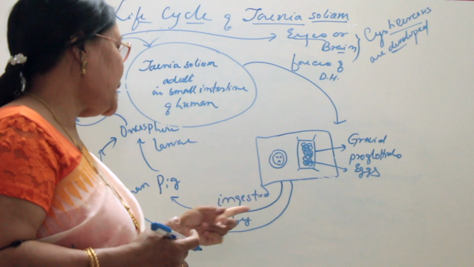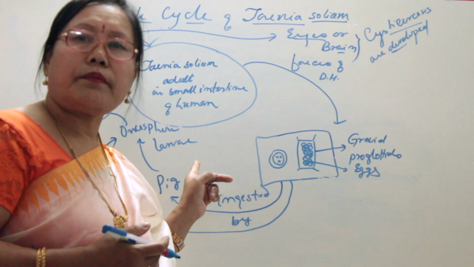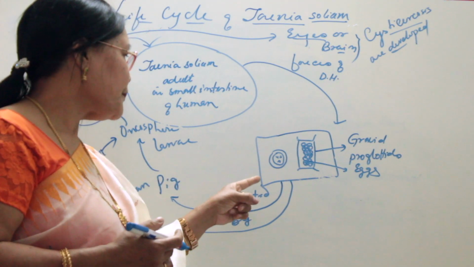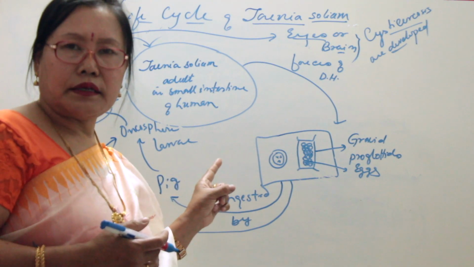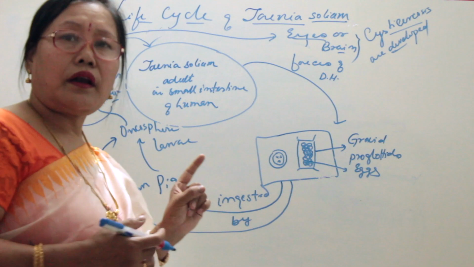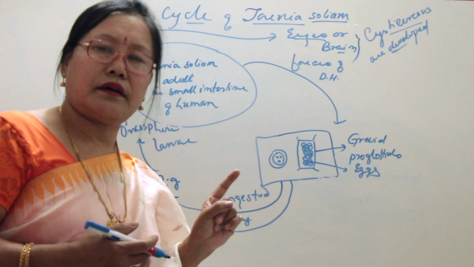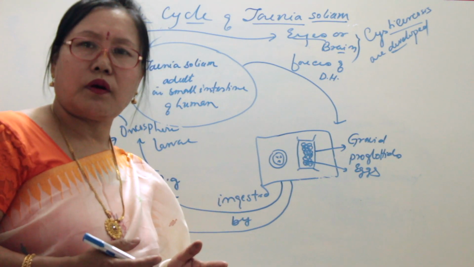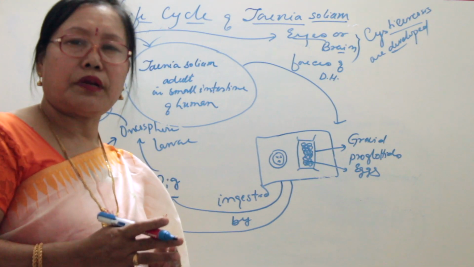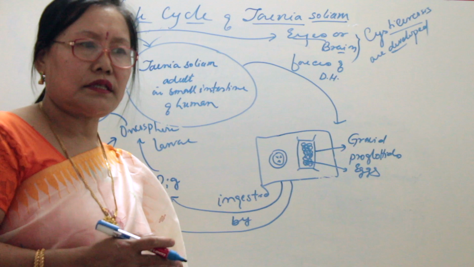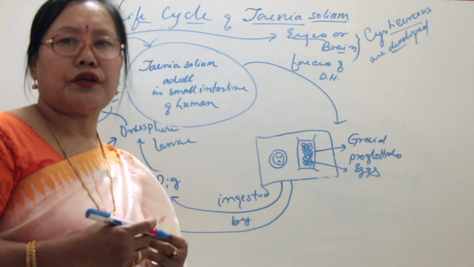When this is ingested by the pig, then in the stomach oncosphere larvae are developed, and they penetrate the wall of the stomach and the blood circulation and pass to the muscles.